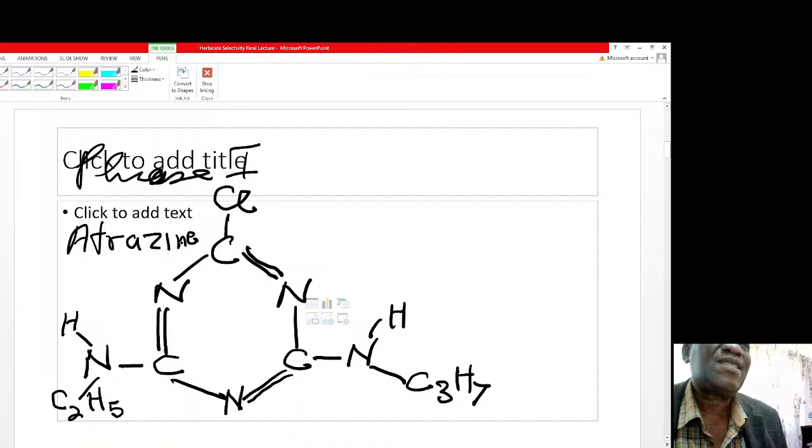Now, first we want to find out what are the functional groups. Where do we get the functional groups?